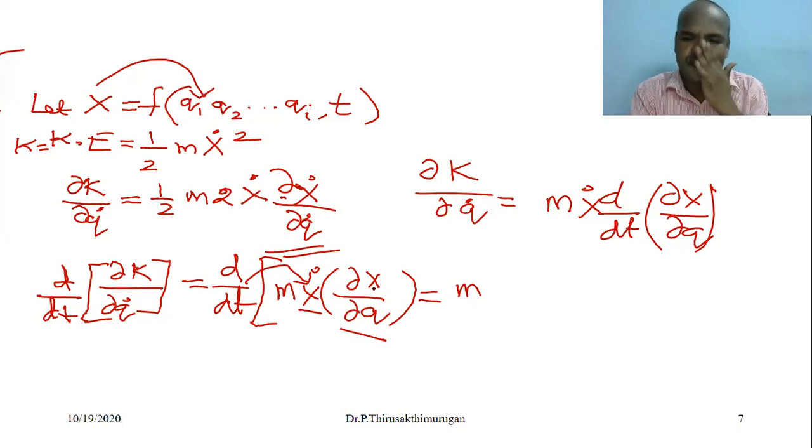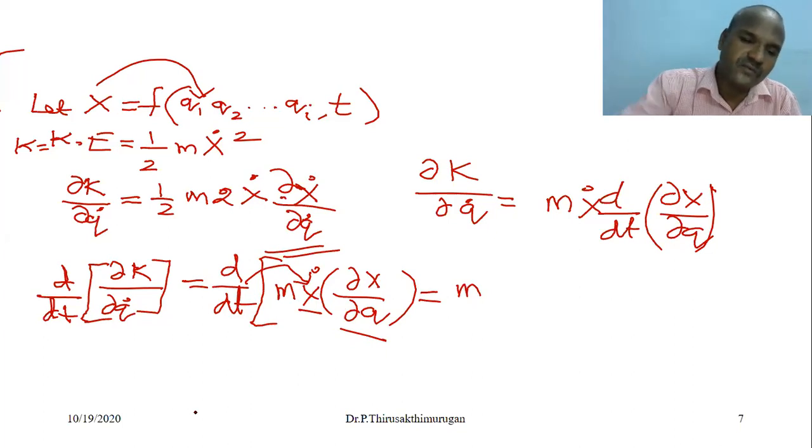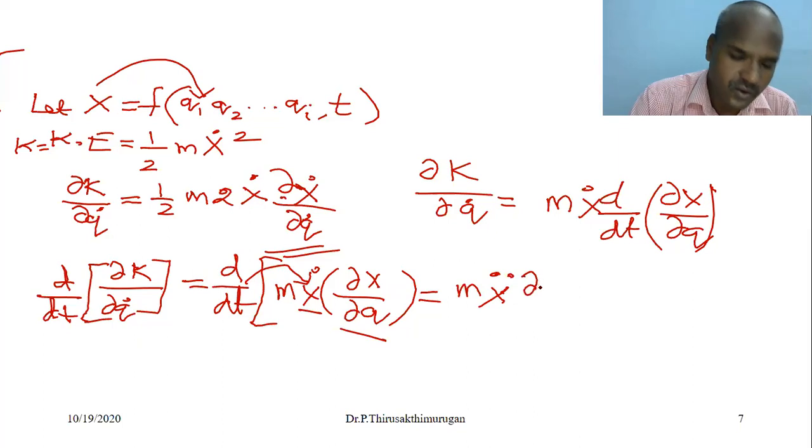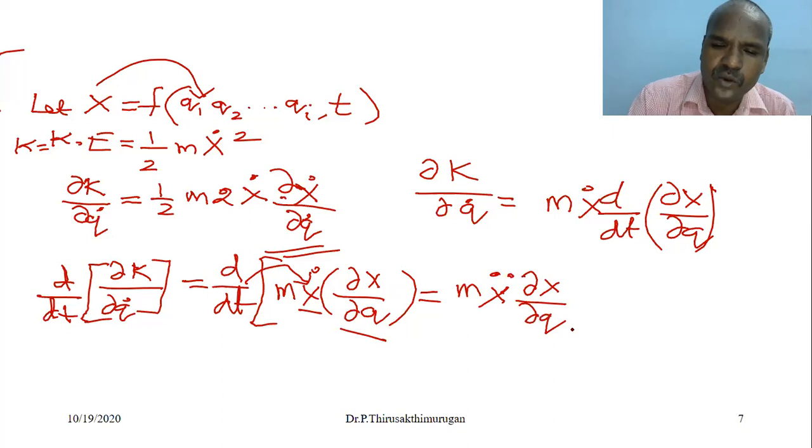Applying the product rule, we easily get m x double dot dou x by dou q, keeping dou x by dou q constant, plus m x dot, where x dot is constant and we apply the derivative to dou x by dou q.